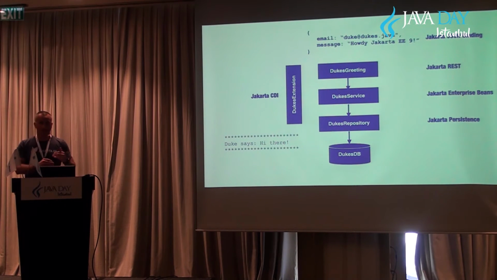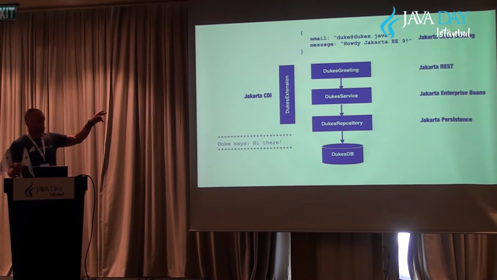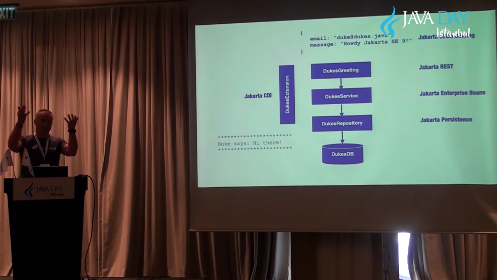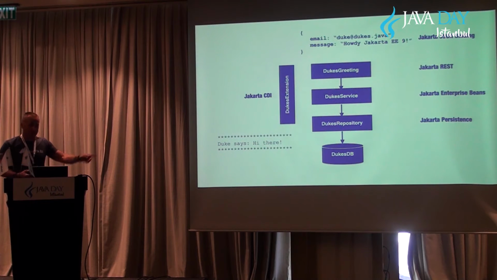And then I'm using Jakarta Enterprise Beans, or EJBs, to do some business logic around my message. And then I have a Duke greeting, a Jakarta REST service that is producing JSON by JSON Binding, saying it's kind of a hello world, but it's coming all the way from the database and using a tiered approach to this.